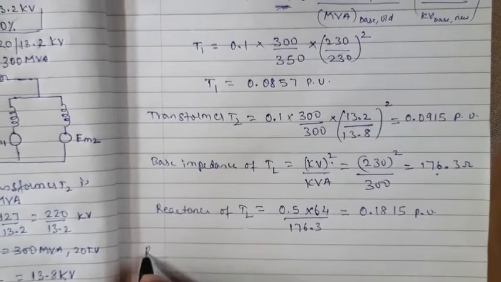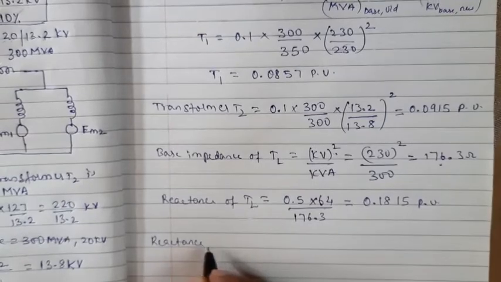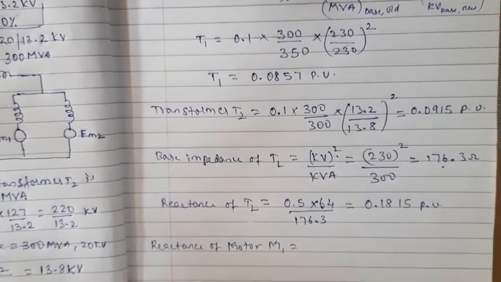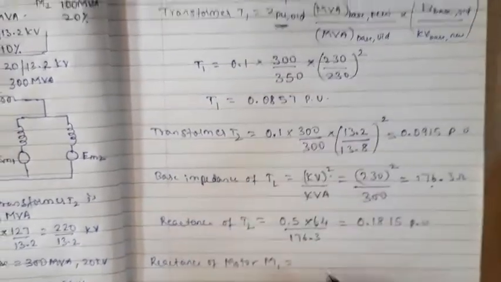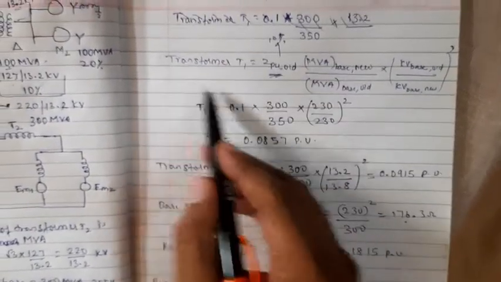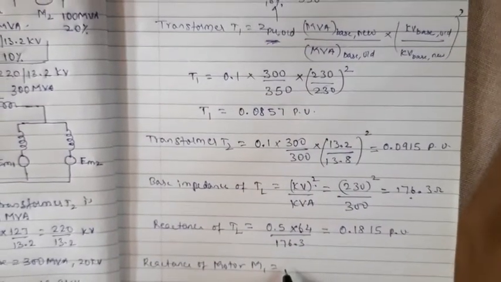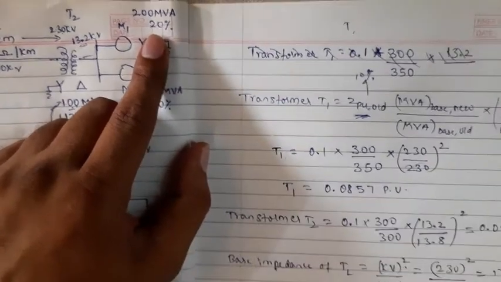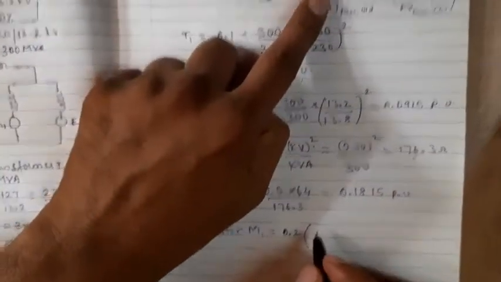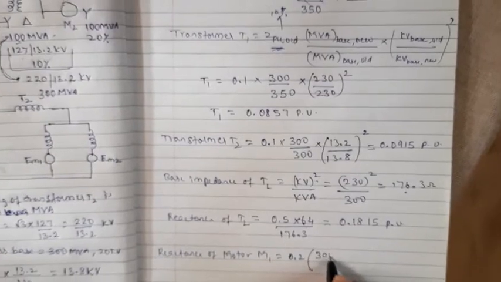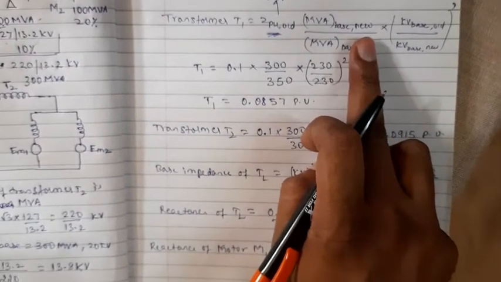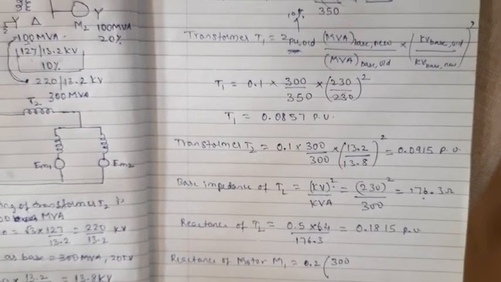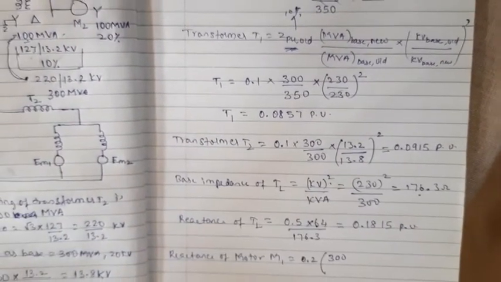Now the reactance of motor M1. It is the same formula, we have to use the same formula. What is the old one? The reactance of motor 1 is 20%, so 0.2. What is the MVA base new? It is 300. MVA base new is entirely the same for the whole system, because in the question itself they have told us to select the generator base. So what is the generator base?